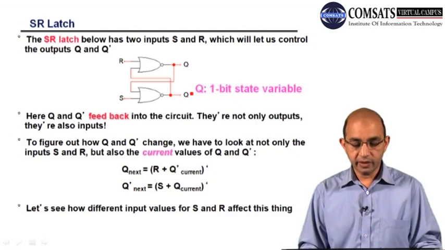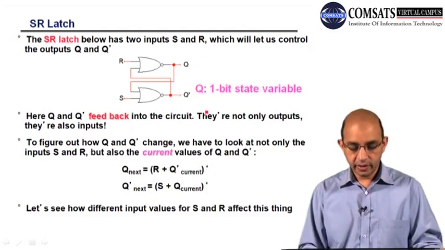It means if we have a 0 here, there should be a 1 here. If we have a 1 here, there should be a 0. So there is a feedback over here. In order to have the output, in addition to looking at the input, we have to take care of the feedback, that is Q and Q bar.